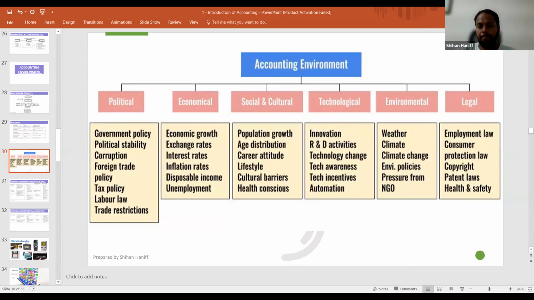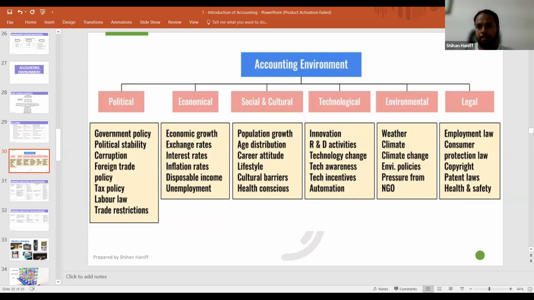So if we take a business, you take any business in this world, for any business, the environment is very, very important and very, very crucial. Right?